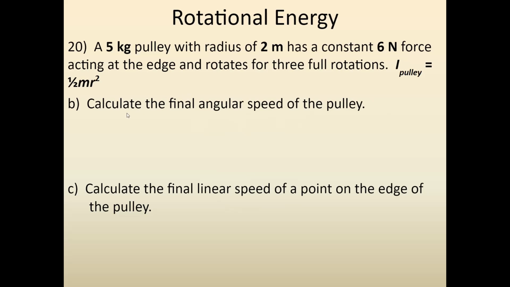All right, so they want us to figure out the final angular speed. Now, it doesn't say that the object starts at rest, but it was supposed to say that. So in order to find the angular speed, we can use the work, and we know that the work is equal to the change in kinetic energy. That was what we just found before.